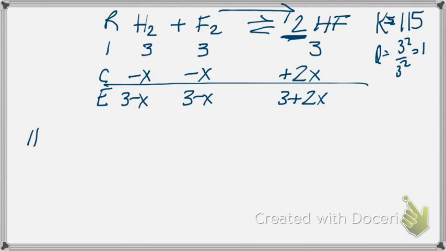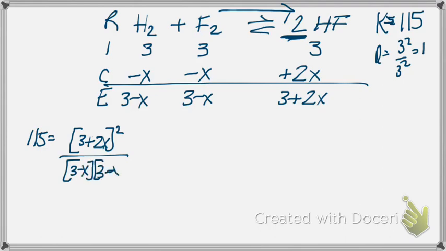So our K value was 115. And we have 3 plus 2X squared. And then on the bottom we have 3 minus X, 3 minus X, which is also squared, right?